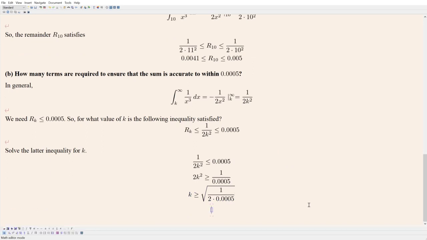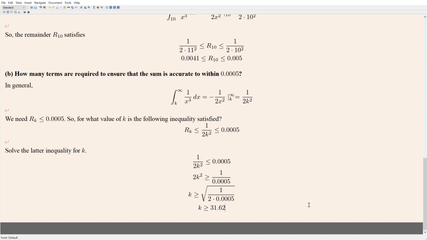So what number is this? About 31.6. So, because k has to be an integer, right?